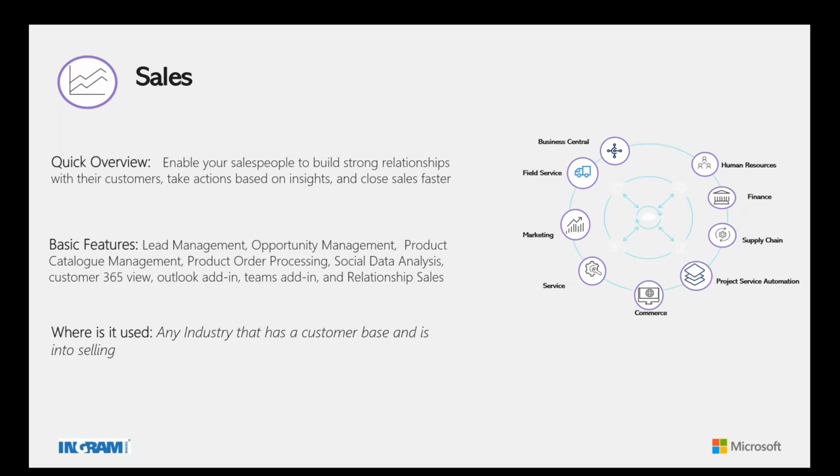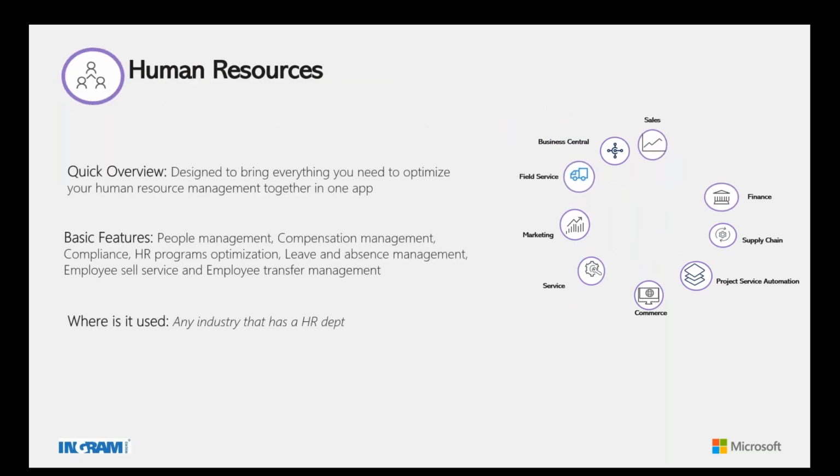Moving on. So let's talk about human resources. Formerly, the human resource app was called Talent. As the name goes, Dynamics 365 Human Resources enables customers to optimize compensation, benefits, leave, and absence.